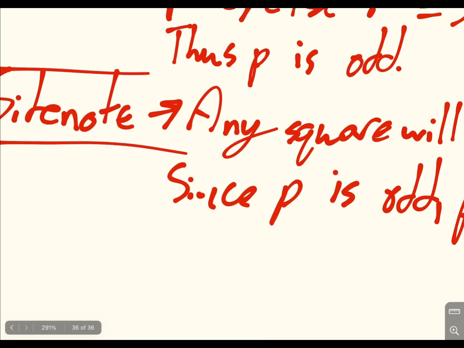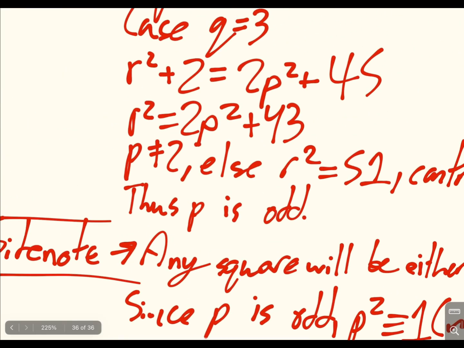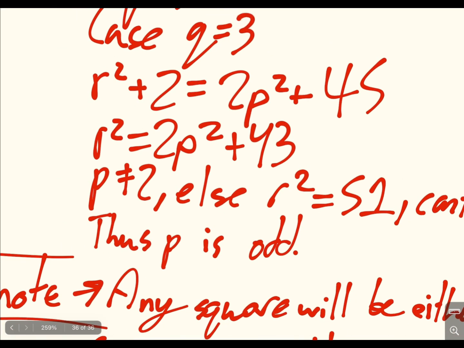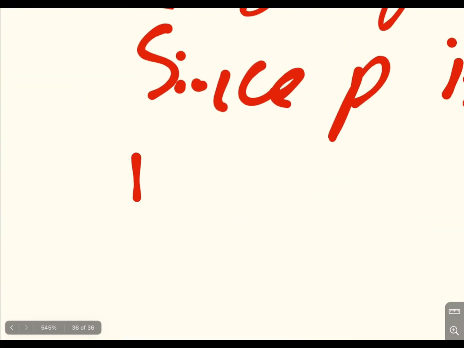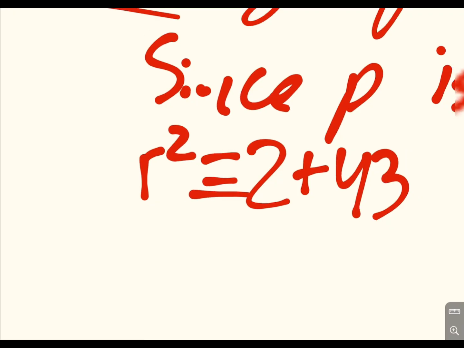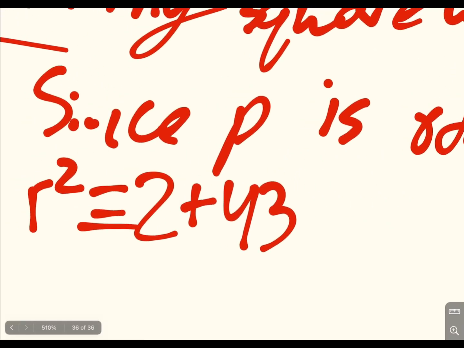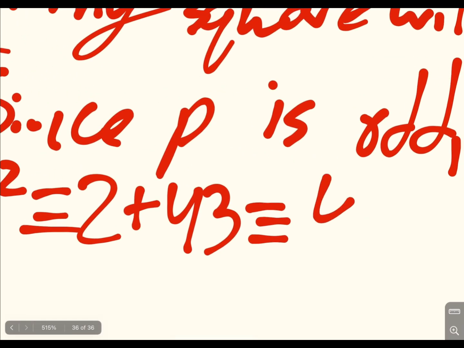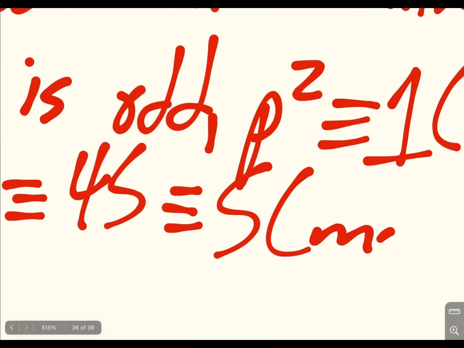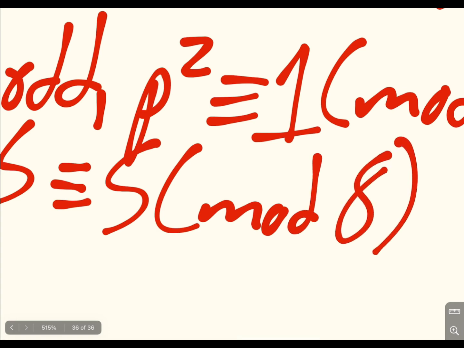So p squared is going to be equal to 1 mod 8, and this is equal to 3 mod 8 because 8 times 5 is 40. So r squared is going to be equal to 2 plus 43, and that's going to be equal to 45, which is 5 mod 8.